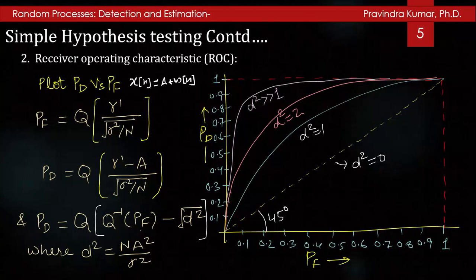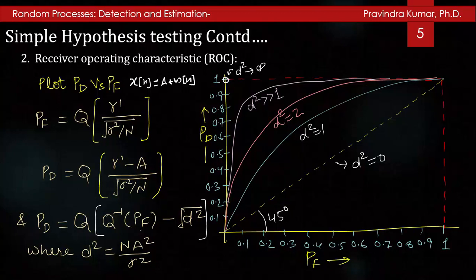As d² increases, the probability of detection obtained for a small probability of false alarm also increases. When d tends to infinity, the ideal ROC is obtained, meaning the probability of detection is 1 for any value of the probability of false alarm.